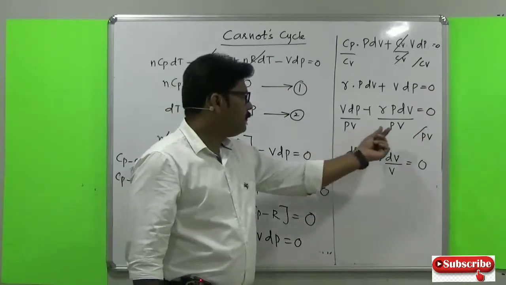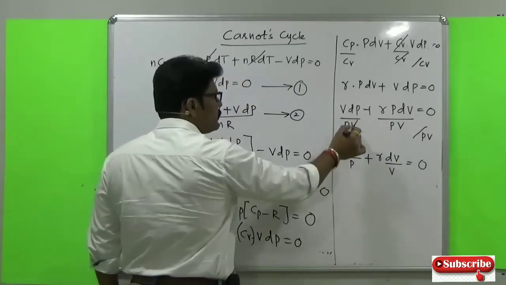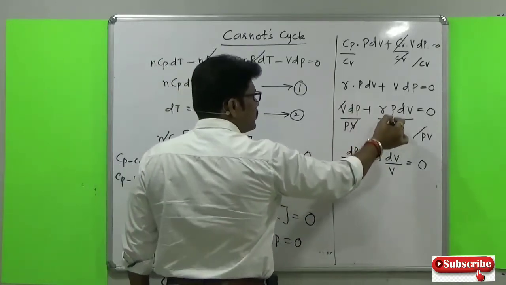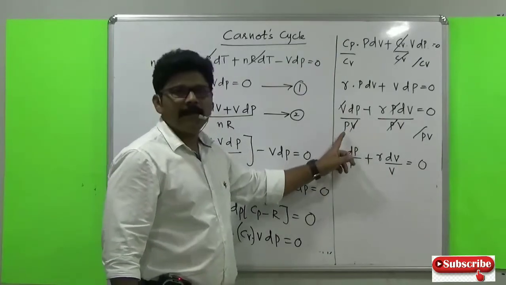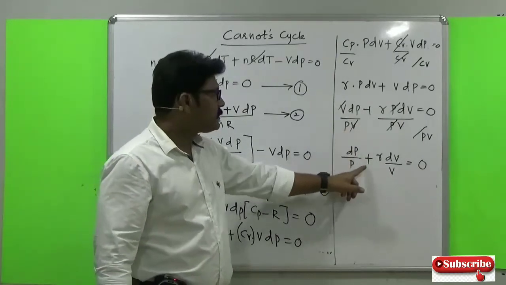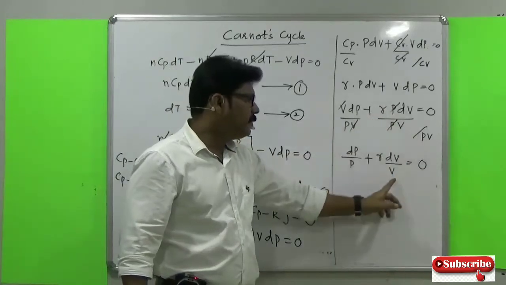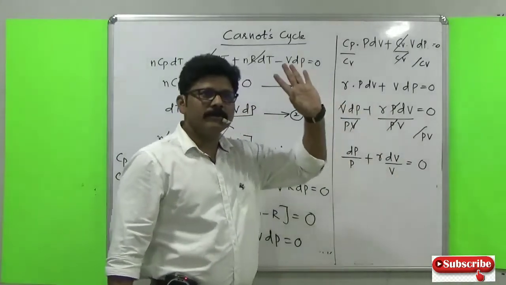So PV, PV, इधर V से V मर गया, इधर P से P मर गया. देखो क्या बच गया, इधर dP by P plus gamma into dV by V is equals to 0.